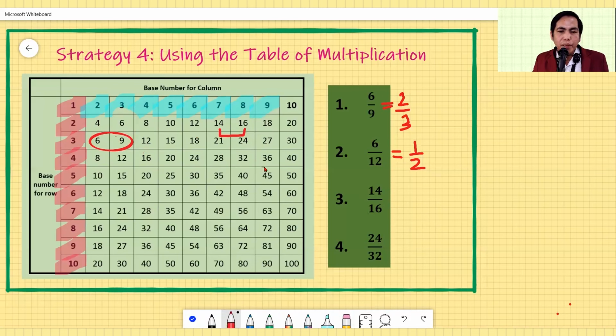Okay, no more. So 14 and 16, the base numbers are 7 and 8. Therefore, the lowest term is 7/8, because we cannot find any more 7/8 in our multiplication table outside of the base numbers.